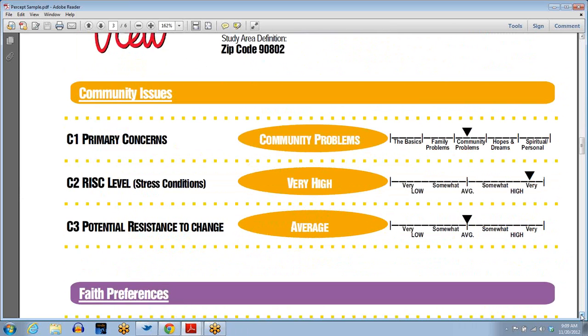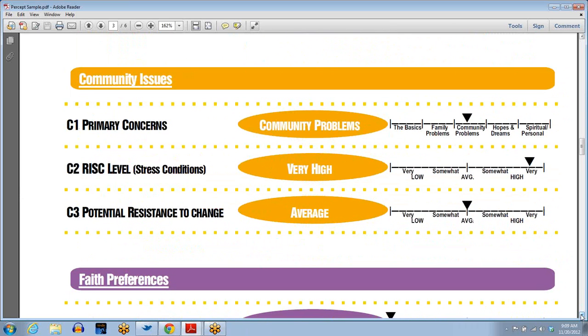Then they step into community issues. There are problems, and they're telling you there are problems. The primary concerns of the people in the community are community problems. The stress conditions, the pressure on people in their lives, monetarily, in family, and in community issues, is very high.